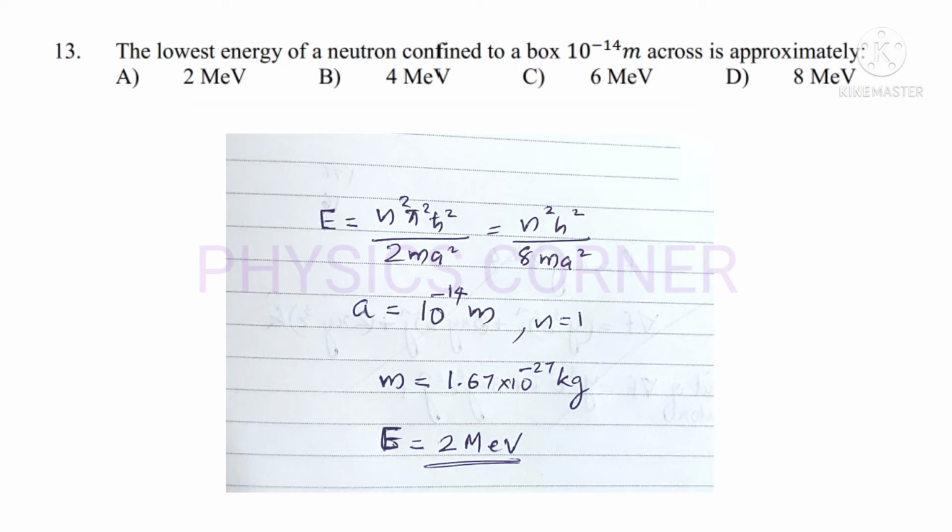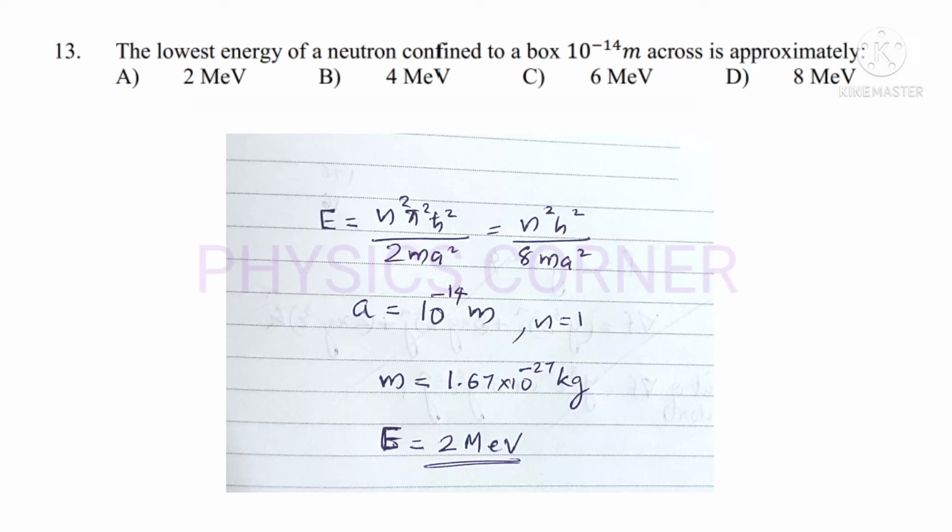You can use either of these equations for calculating the energy eigenvalues for a particle confined to a one-dimensional box: E is equal to n square pi square h-cut square by 2ma square, or n square h square by 8ma square. Since we know that h-cut is equal to h by 2 pi, h-cut is known as the reduced Planck's constant, right?